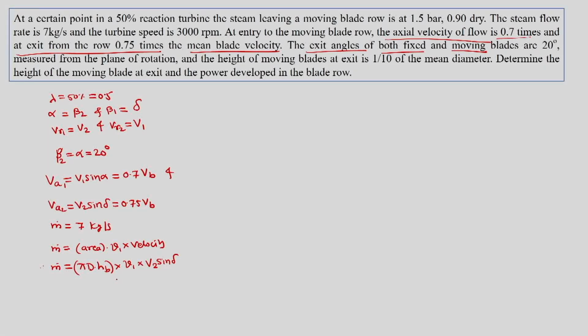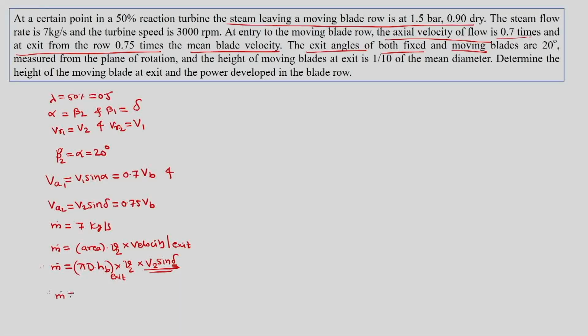Since we are told that properties are at the leaving state, we are given with V2, and this area is also at the exit. So that is why we are using axial velocity at the exit, and this is axial velocity.